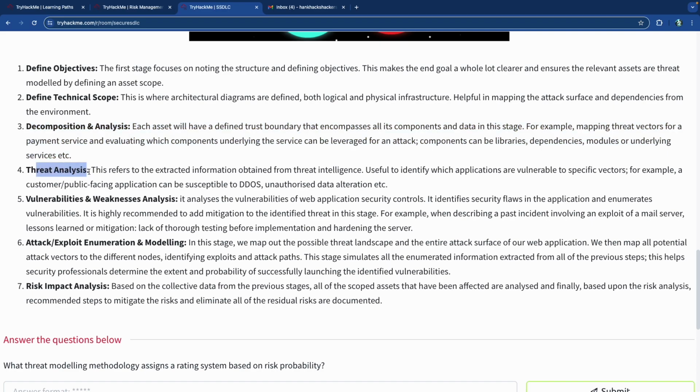And then you have the analysis of the threat. I can't believe I'm like mispronouncing these things. Threat analysis. So it's the looking at the extracted information from threat intelligence, and then used to identify which application is vulnerable and which vectors are used to attack it. So a customer or public-facing application can be susceptible to distributed denial of service and unauthorized data alteration, stuff like that.